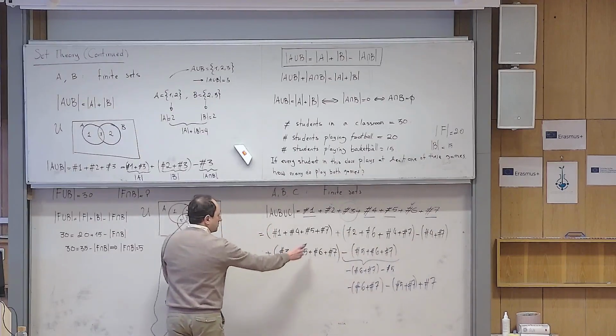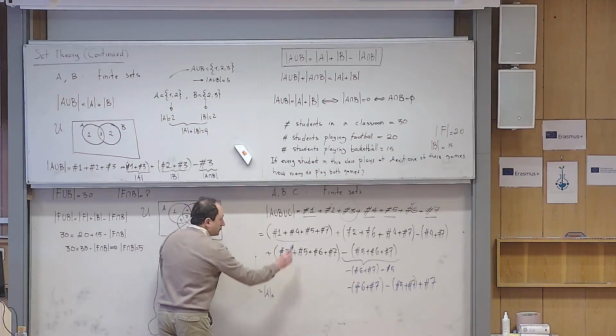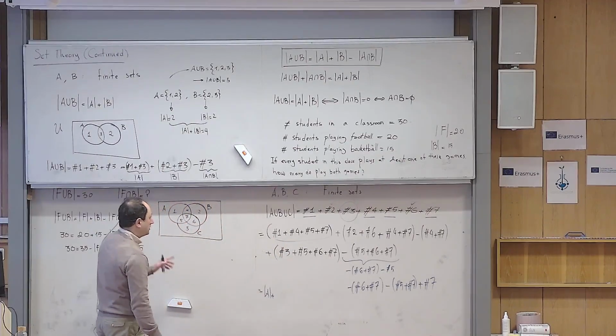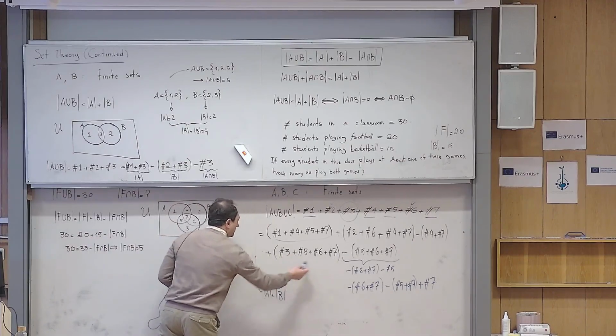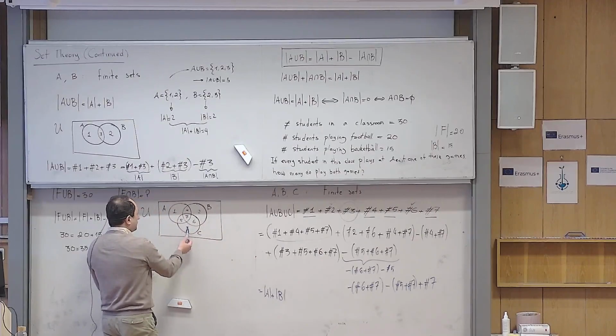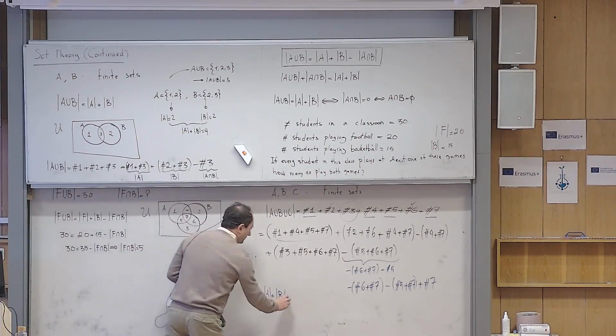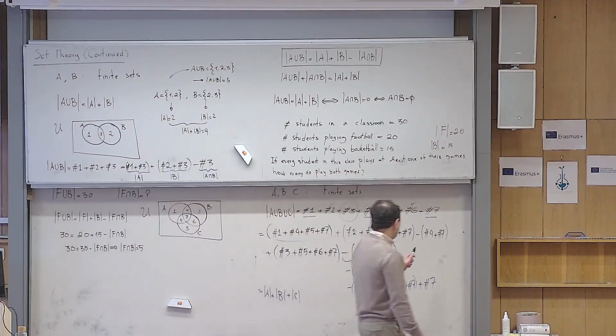Yes? So what can I write for this one? This becomes cardinality of A. The second one is cardinality of B. Let us jump here. What is this one? Cardinality of C. You see 3, 5, 6, 7 is the cardinality of C. Okay? But now let us go and see here.